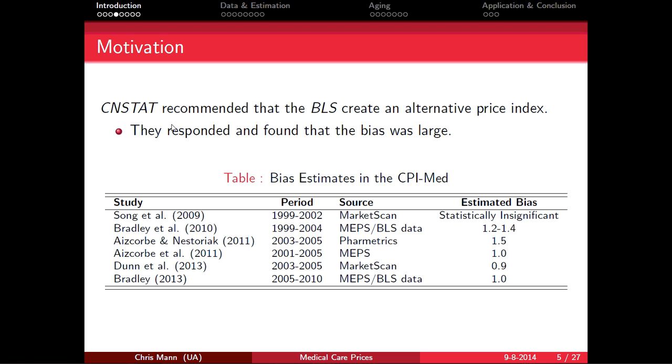And the initial paper by Sung and others that investigated this in 2009 found that the CNStat recommendation was probably not very good. One thing was that insurance claims data tends not to be nationally representative, and plus, only tracking 15 to 40 different diseases didn't really give you a picture of how medical care inflation throughout the entire economy was actually behaving, right?